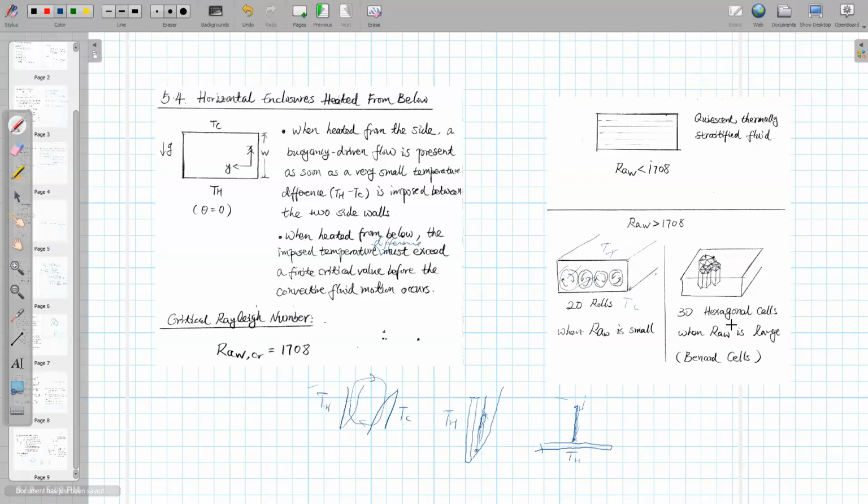But if you keep increasing the Rayleigh number, the fluid behavior changes and you will have hexagonal cells from the bottom wall to the top, just like a plume or a jet going up, not like in this Z direction.